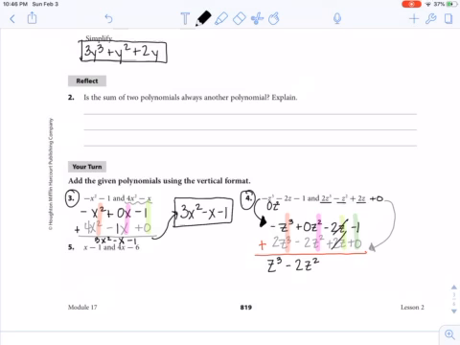So I don't have to write anything, but for the sake of using our placeholder, we'll use 0. And then negative 1 plus 0 gives me a negative 1. And so my simplified answer would be z cubed minus 2z squared minus 1.